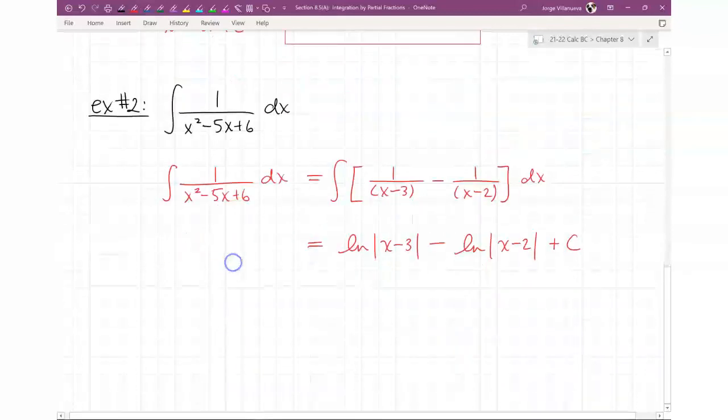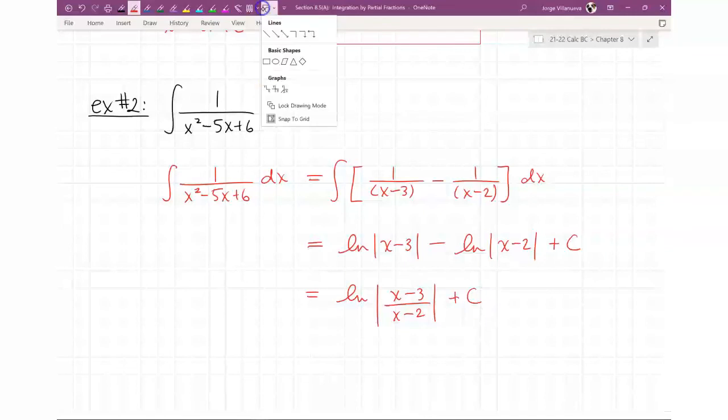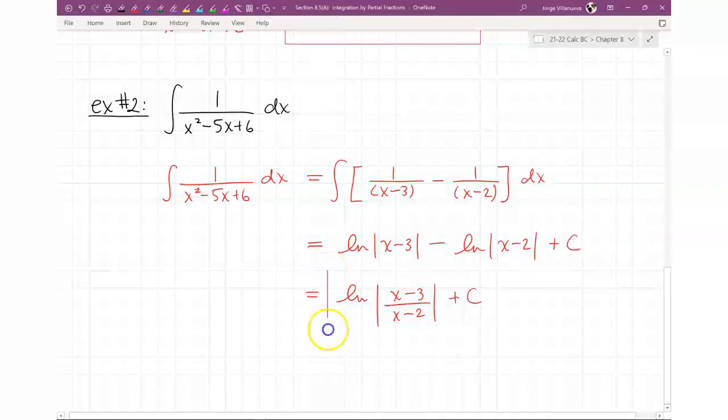And we do know properties for the natural log. Whenever you subtract, it's actually division, right? So this is going to be ln of the absolute value of x minus 3 over x minus 2. And there you go. There is your integral for that problem.